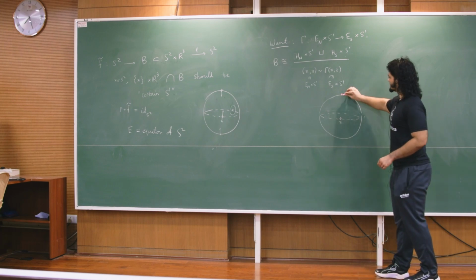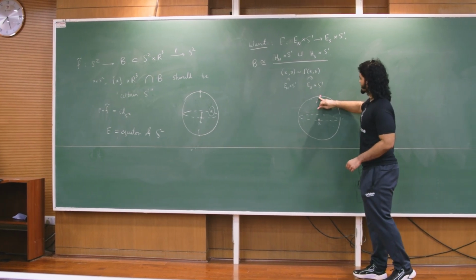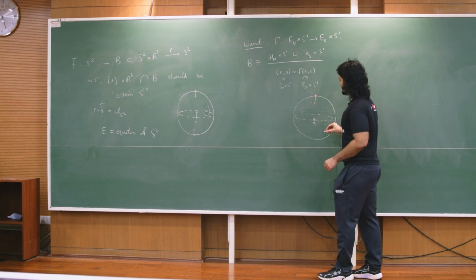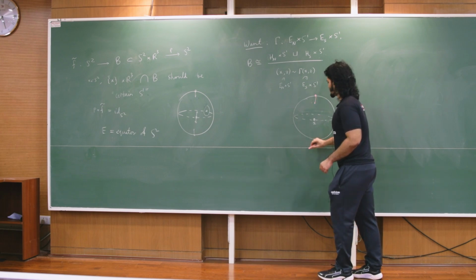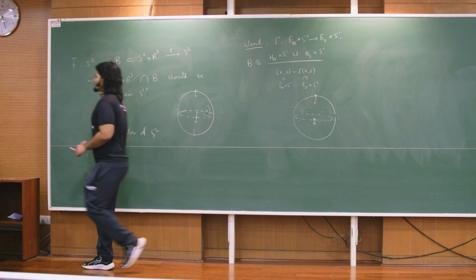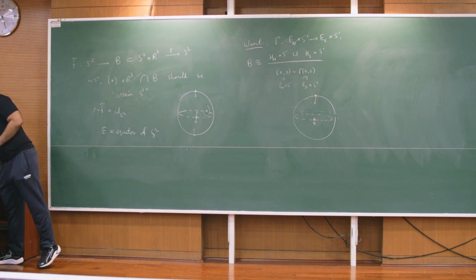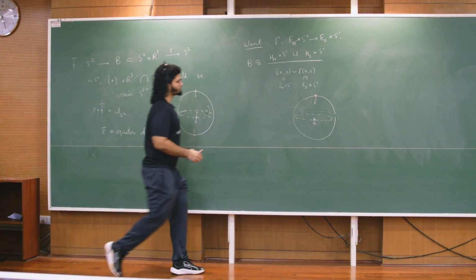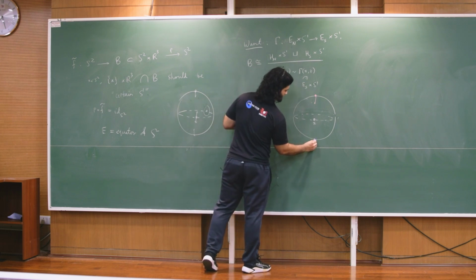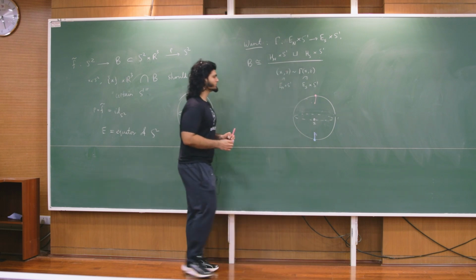And let's take this again, the same thing, the vector coming out of the board here. Maybe I'll do this one in a different color. Vector coming out of the board over here.